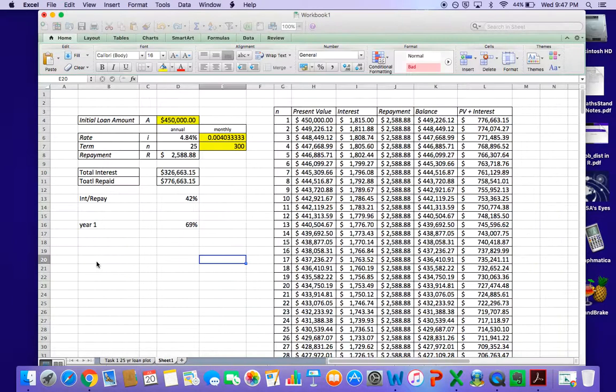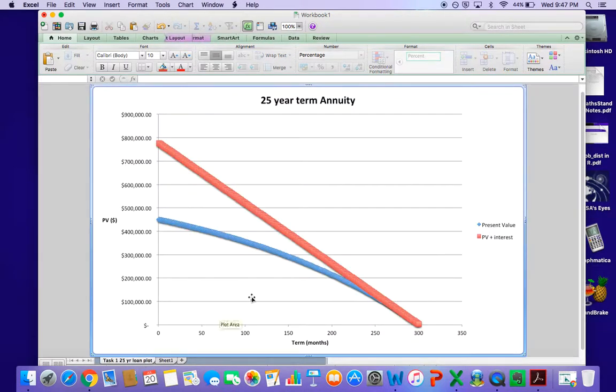So in this particular scenario, 69% of the repayment is just covering the interest. So 31% actually goes towards dropping the present value down, and that's evident in the graph as well.